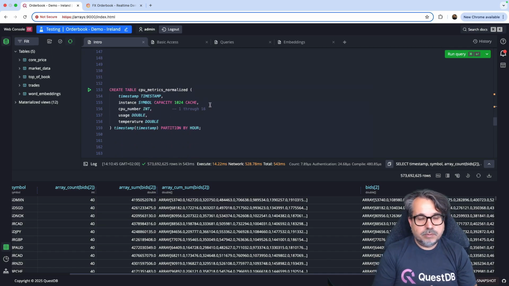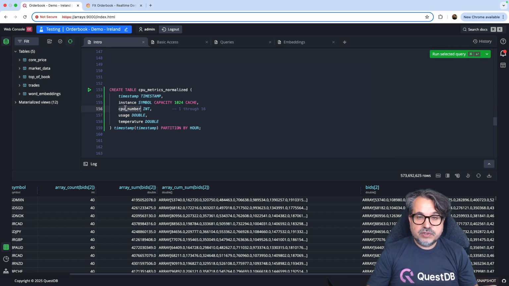Imagine you are monitoring some infrastructure and you have a machine with 16 CPUs, and you want to store the usage and the temperature for each of the CPUs. You could use a normalized table without arrays in which you have the timestamp and the instance you are monitoring, which is the number of the CPU, 1 to 16, the usage, and the temperature value.